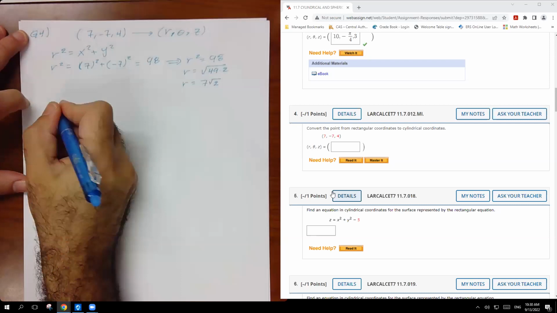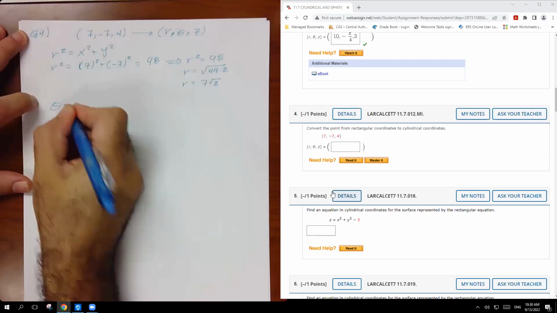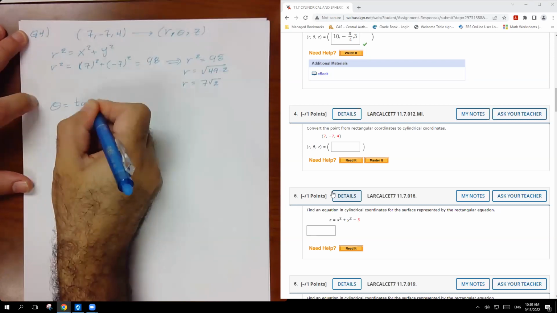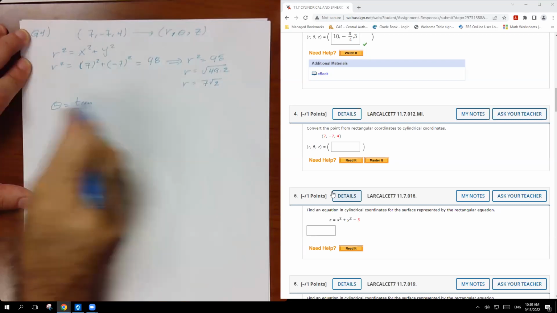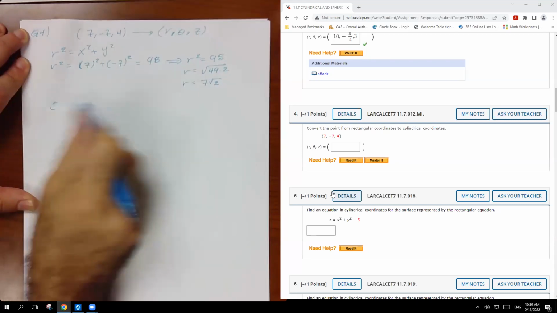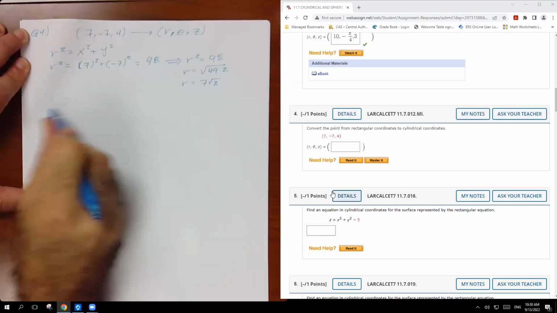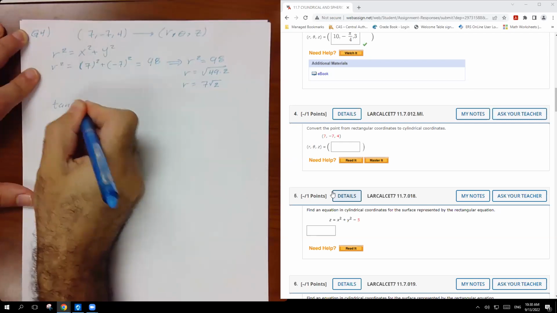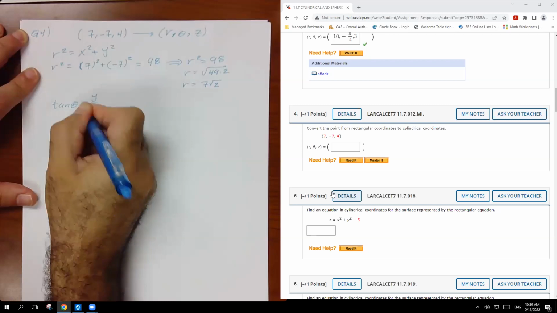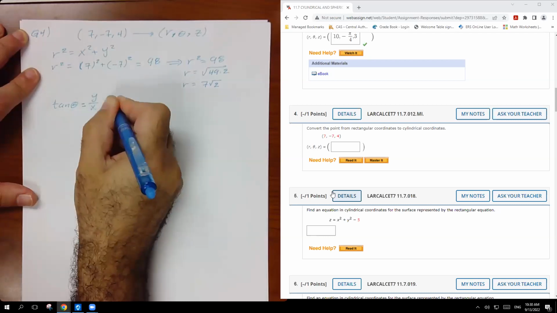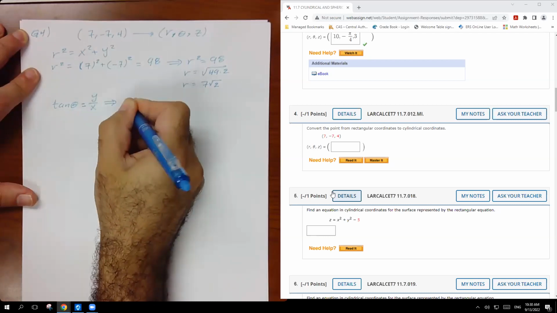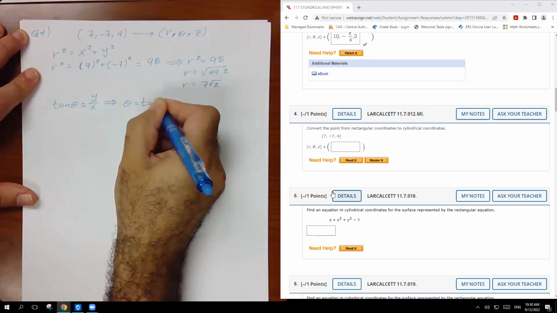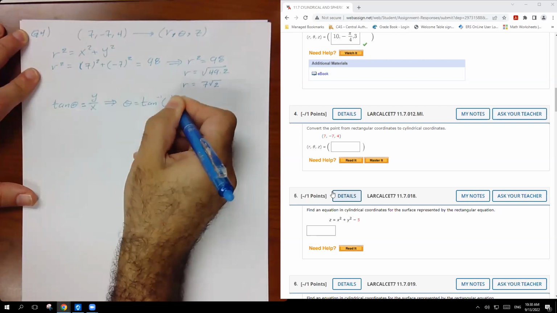Now we need to find the theta. Let's write down the formula first. If you want to use this one, it's going to be right. Tan theta is going to be y over x. That means theta is going to be tan inverse of y over x.